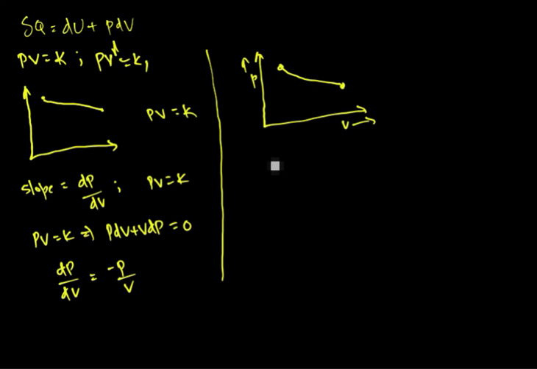Then the equation of state of this curve is represented by PV raised to gamma is equal to some constant. Then differentiating this equation, we will get the slope of this adiabatic curve. So here it is the slope of isothermal.